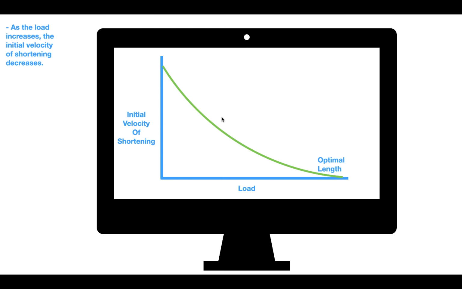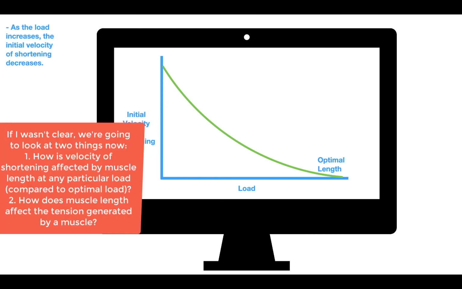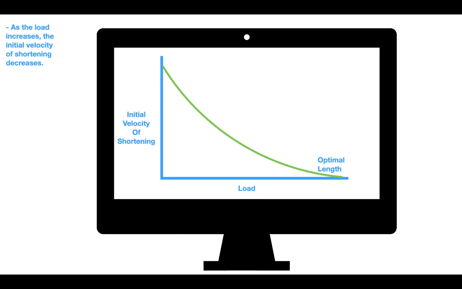So what we're going to do is see how the velocity of shortening varies based upon the differing lengths of the muscle. So how is this velocity of shortening going to be affected at different lengths when we start moving away from the optimal length of the muscle? When we start doing that, we see something like this. These lines represent different lengths. This is the optimal length, this is a certain distance away from the optimal length, and this is a greater distance away from the optimal length.